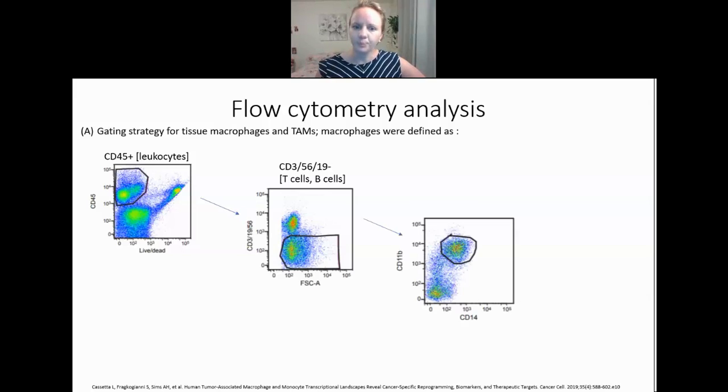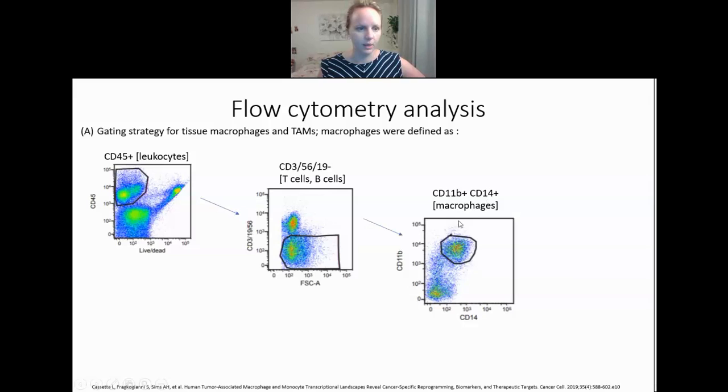Next, from this negative population, they could finally look at macrophages. So using these two markers, CD11B and CD14, macrophages express both.